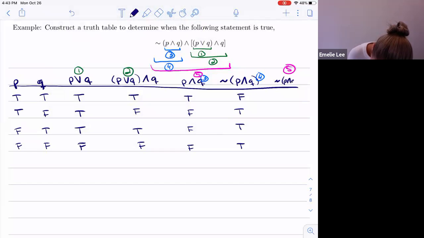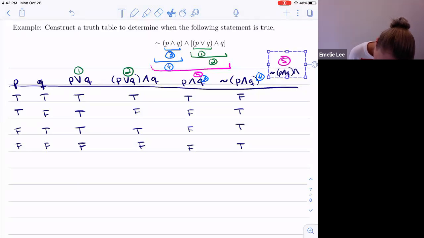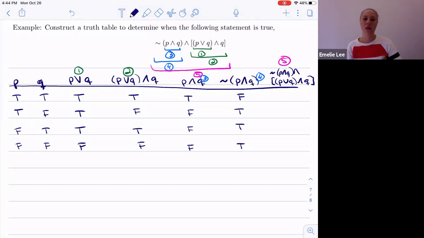Not P and Q, and, oops, I made an A accidentally. This is where working on the iPad really helps. P or Q and bracket.